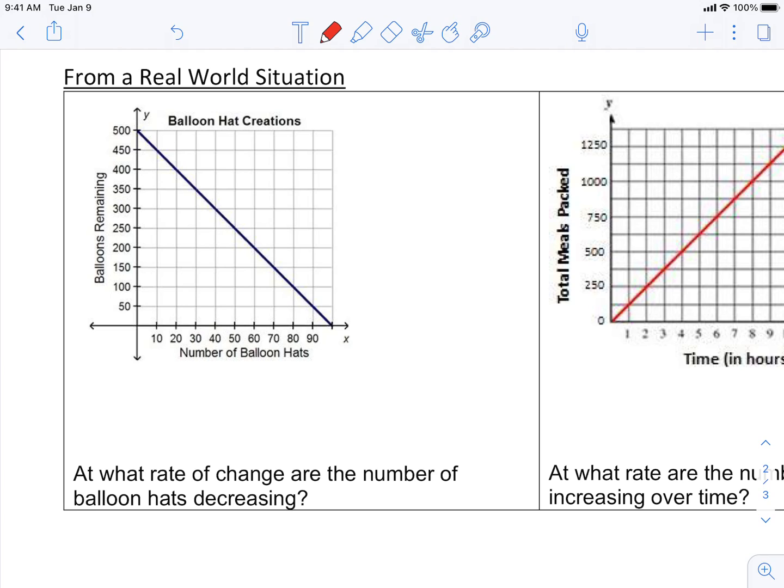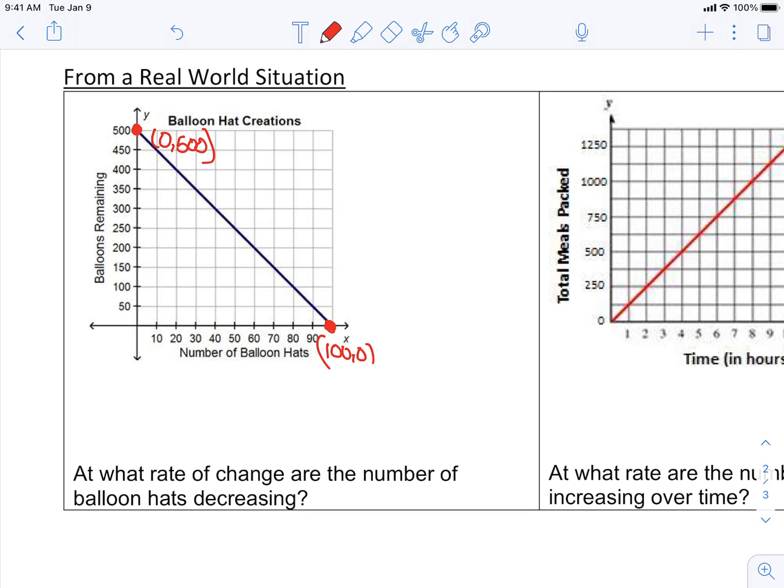Something that might just be easier is using the x and y intercepts because those are already pretty points. So it looks like I have a point at 0, 500. And then I have a point here which looks to be at 100, 0.